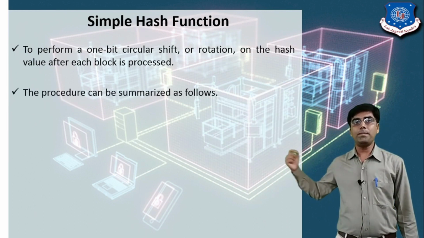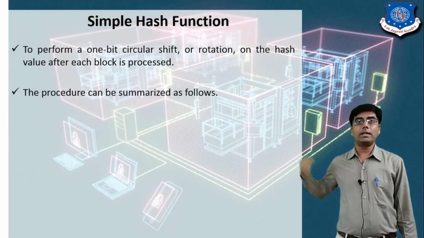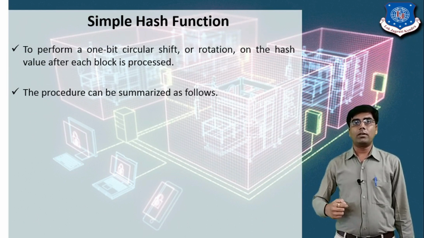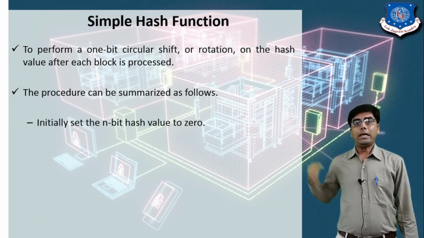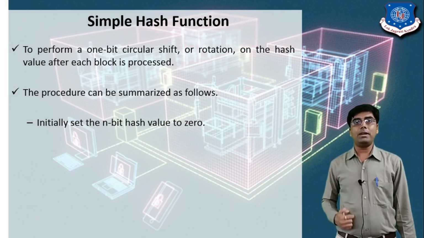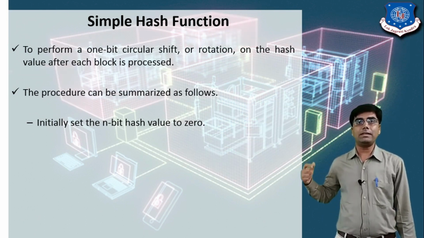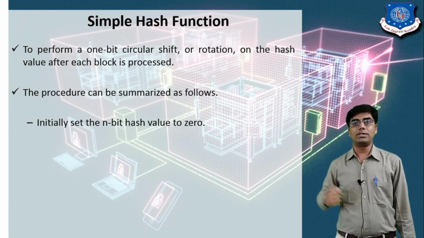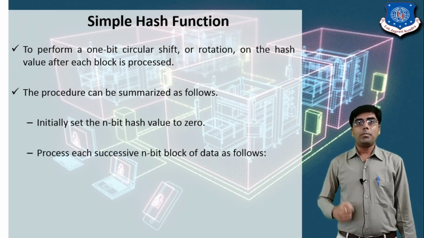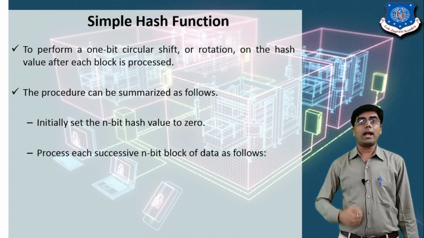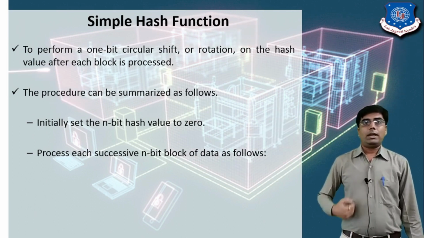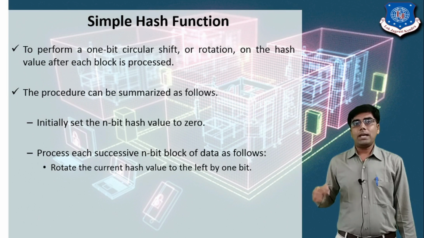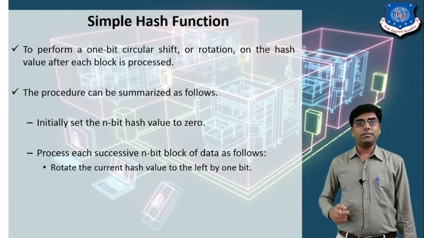Then the procedure can be summarized as follows. There is a simple procedure for calculating this hash function. First, initially set the n-bit hash value to 0. It means that initially all hash values should be 0, right? Second, process each successive n-bit block of data as follows.